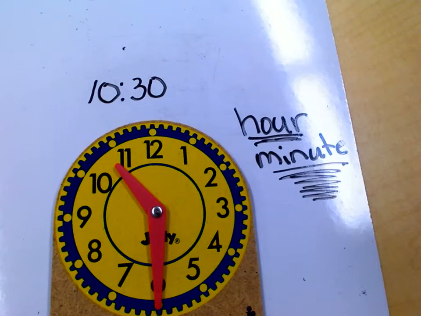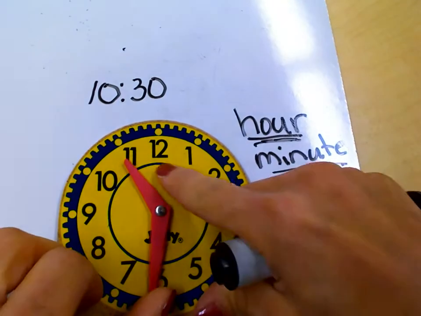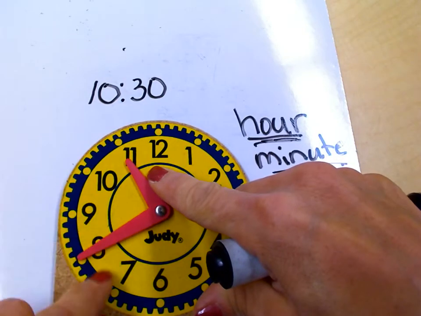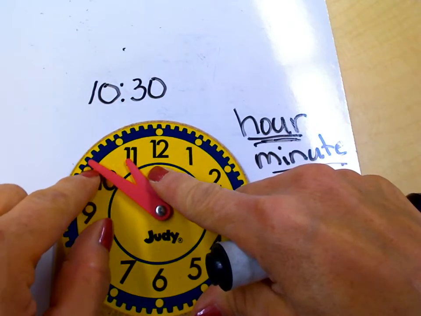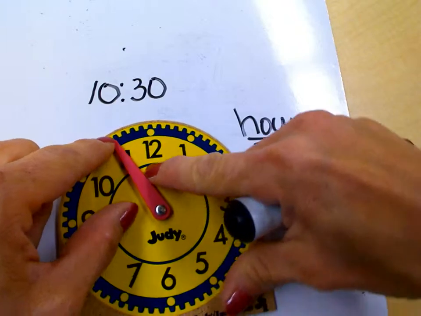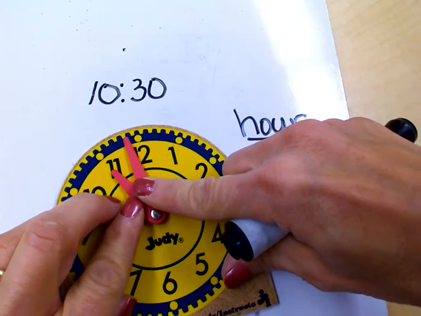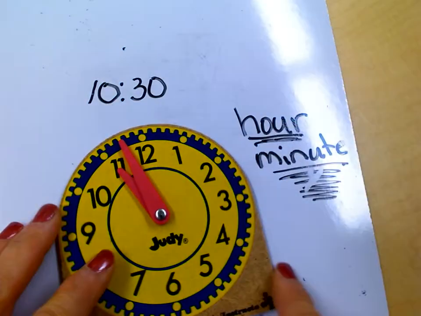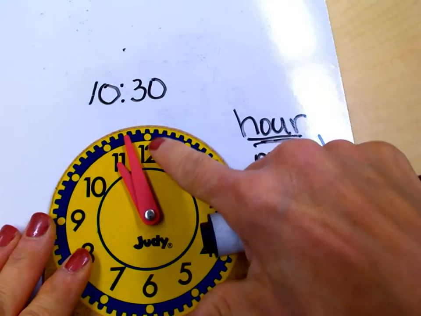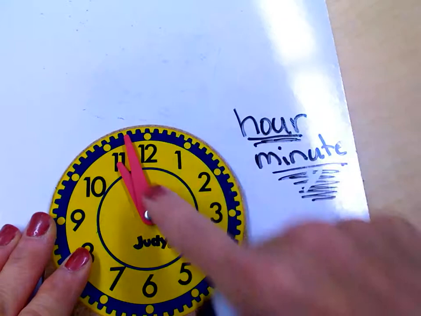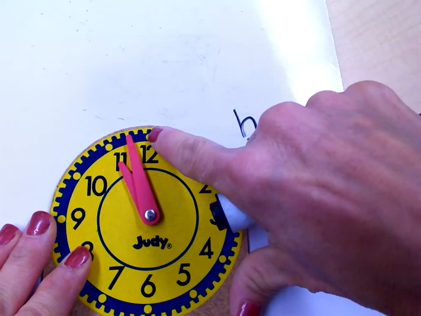Okay, so for now, we're just going to make sure that we always are thinking about this. Now, I will say that sometimes, just before it gets to a time, so we're getting ready to go almost to 11 o'clock, it might be that that hour hand is really right on, looks like it's on the 11, but what we really have to look at is whether that minute hand is already at the 00, the 12 o'clock.